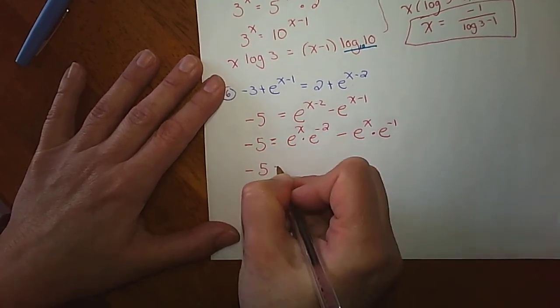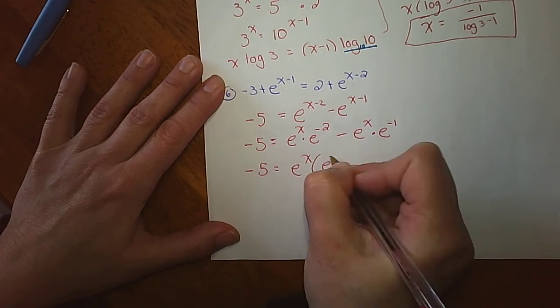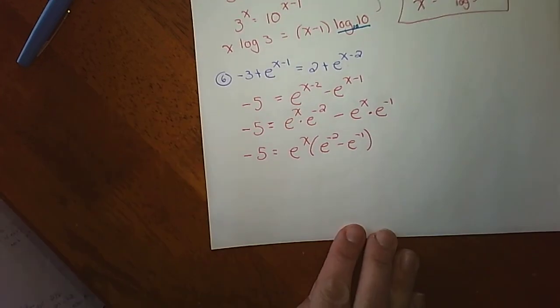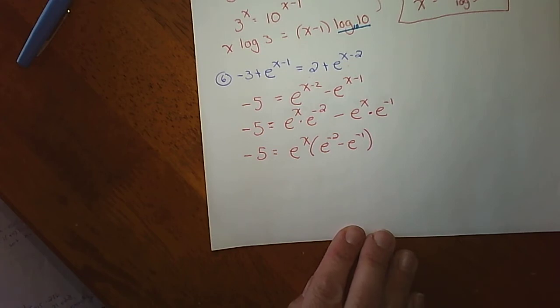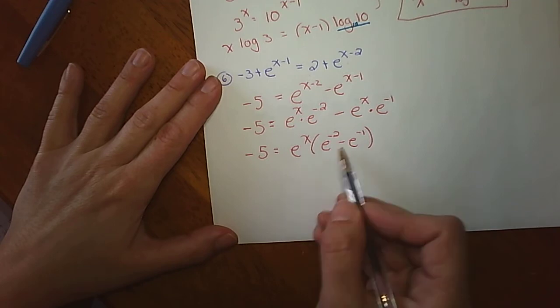That's right, e to the x, which means I can factor it out. So I factor out e to the x on the right-hand side, and that leaves me with e to the negative 2, right? And e to the negative 1. All right. Now, trying to solve for e to the x, I'm going to divide.